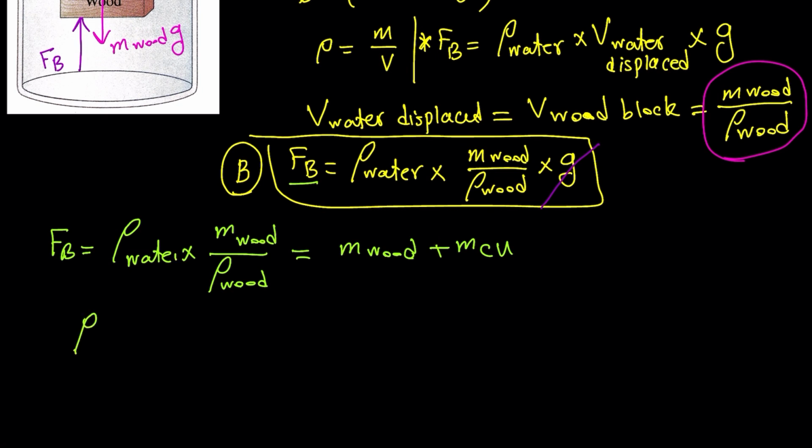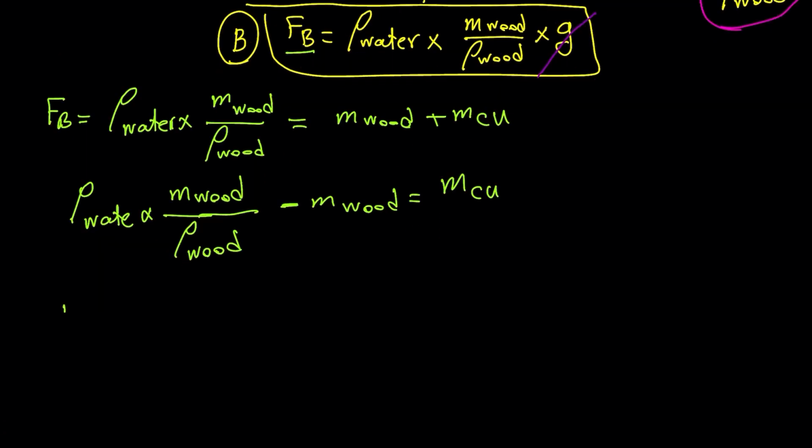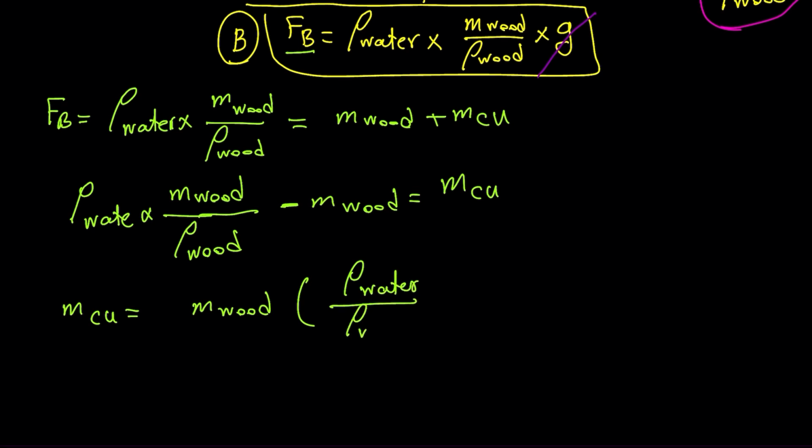Therefore, the density of water times mass of wood divided by the density of wood, which is the volume of wood in fact, minus mass of wood is equal to mass of copper. And therefore we can get mass of copper is equal to mass of wood times density of water divided by density of wood minus 1.